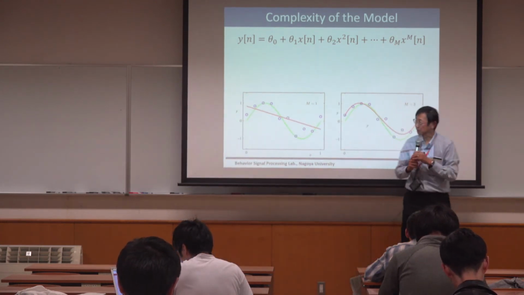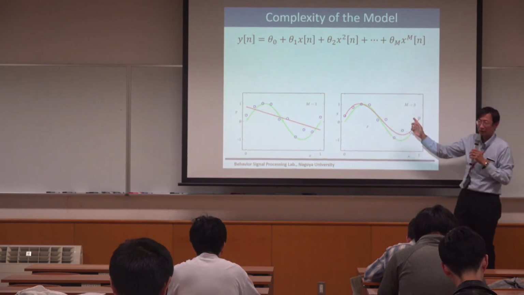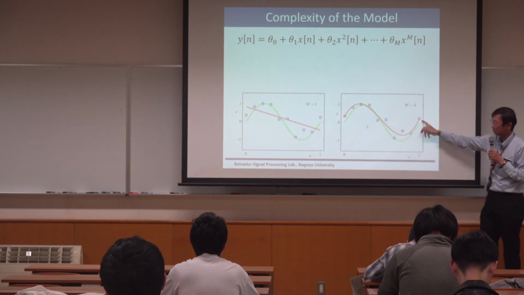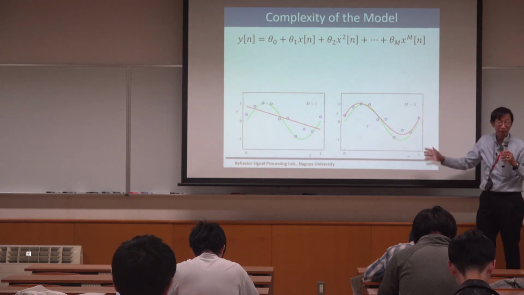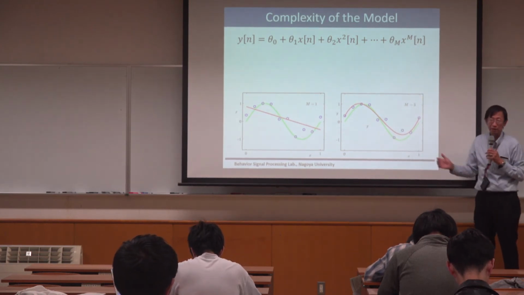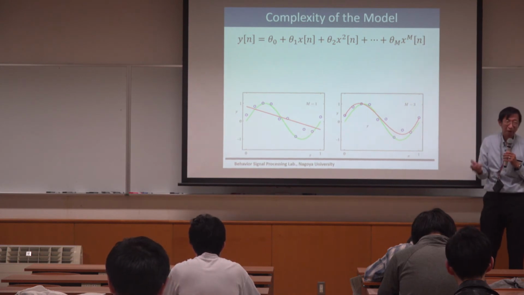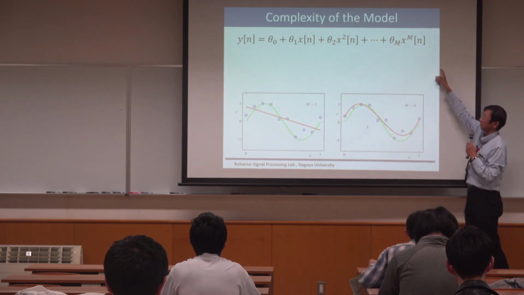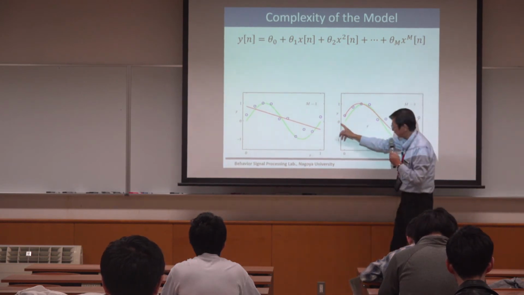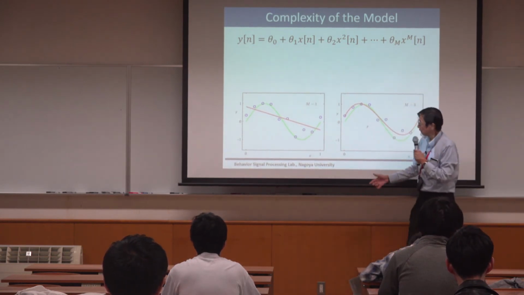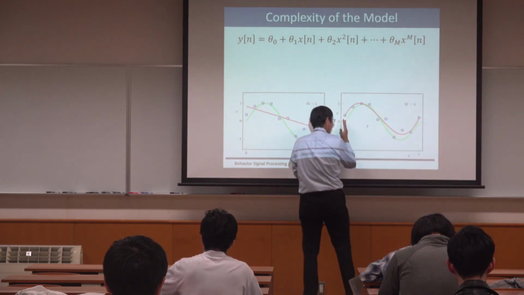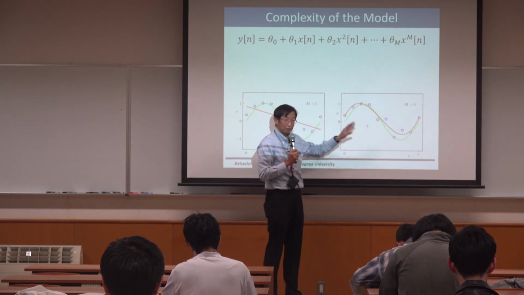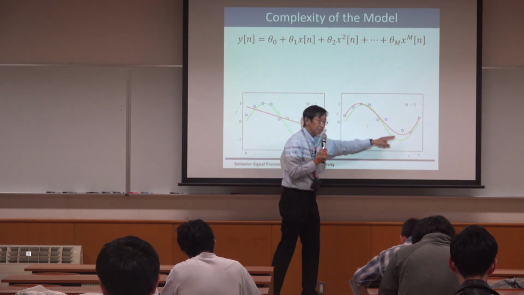But if you use a polynomial, a linear regression with a polynomial model, then this goes rapidly very high, and you get a fit. So as far as the area that you see here, you can get a reasonable guess.